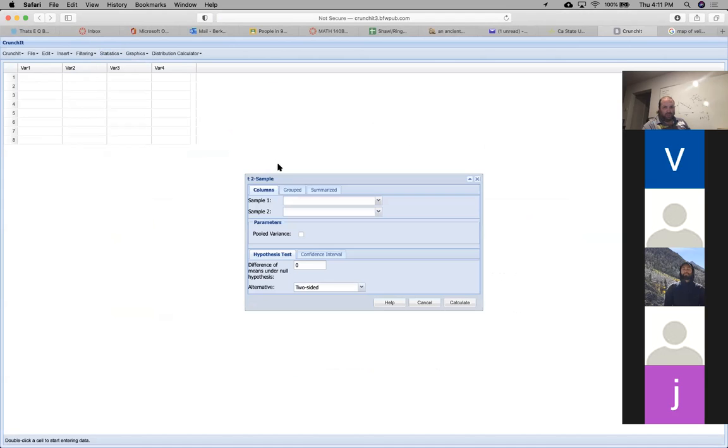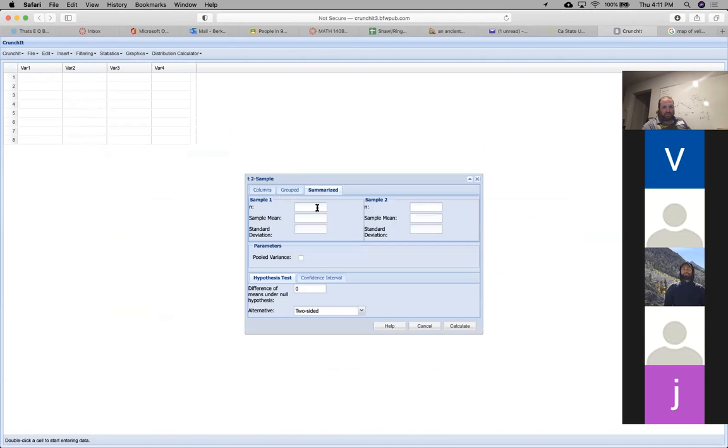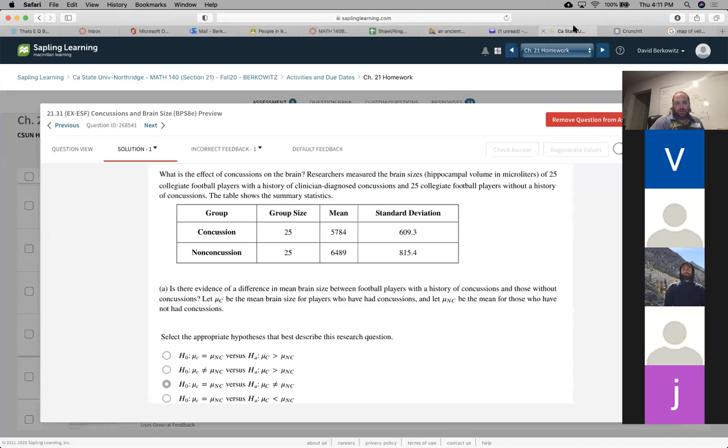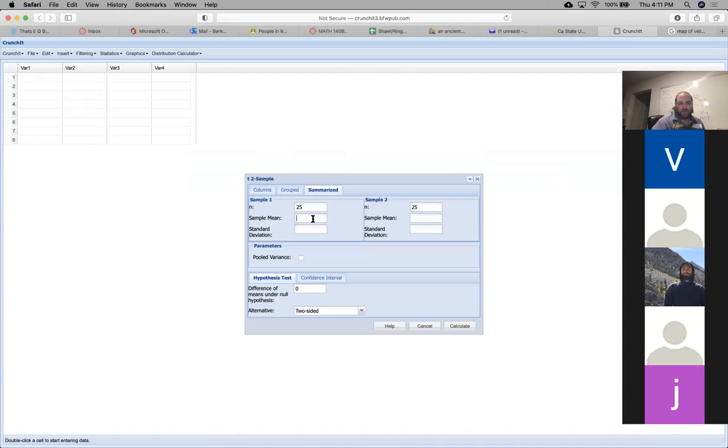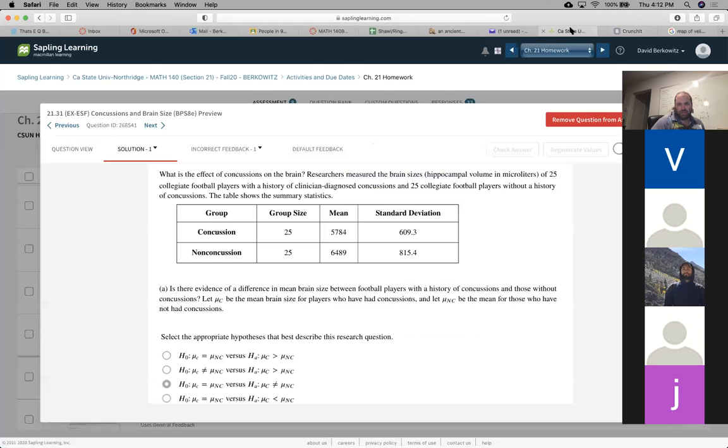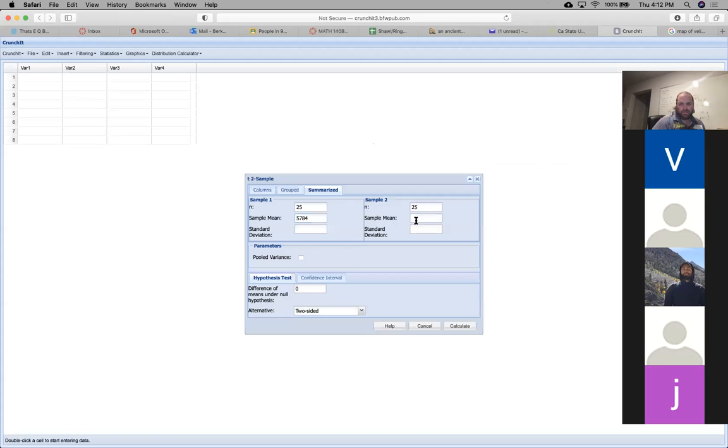T 2 sample. We're going to use the summarized data. They're both 25. 5784. And 6489.